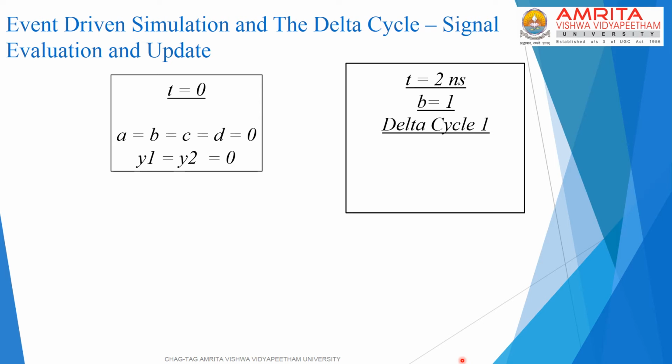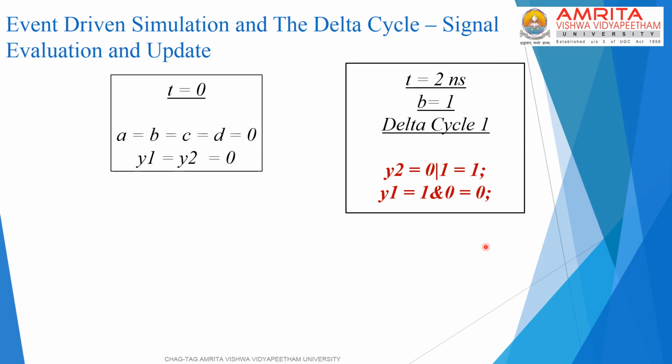Now the simulator finds that there are two signals which depend on the signal B, namely Y2 and Y1. Therefore, the event in the signal B now triggers a computational cycle which is called a delta cycle, wherein the signals Y2 and Y1, which are dependent on B, are now evaluated and their values updated.